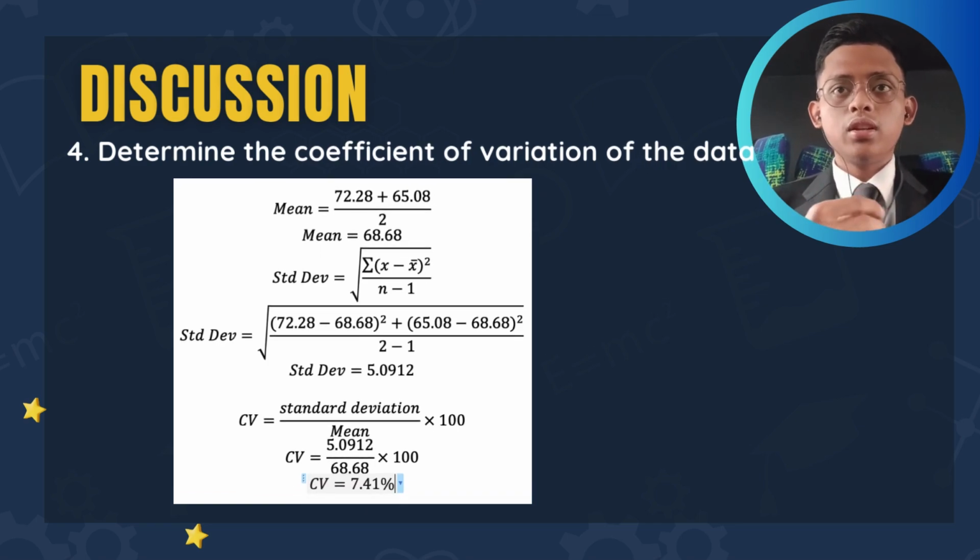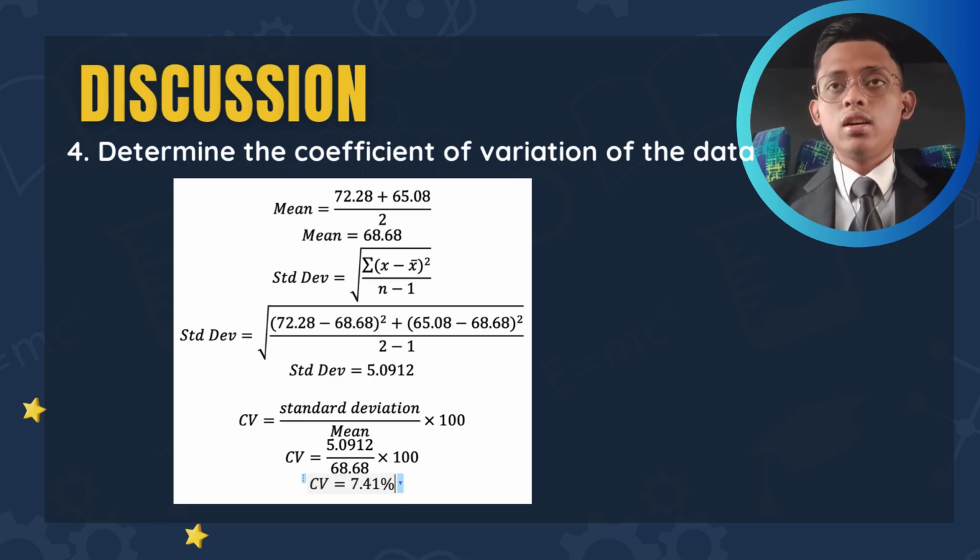Question 4, determine the coefficient of variation of the data. First, the formula of the coefficient is standard deviation over mean. So we need to find the value of the mean and the value of the standard deviation. For the mean, we take the value from the percentage of chloride in sodium chloride from filter funnel A and B. So the values are 72.78 and 65.08.